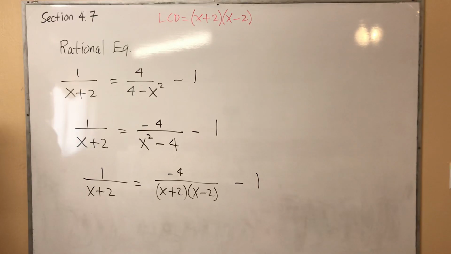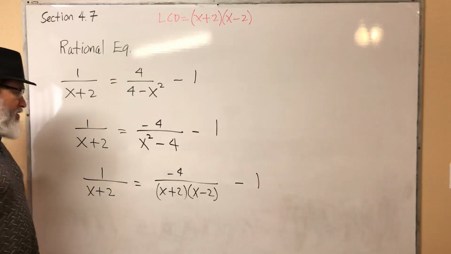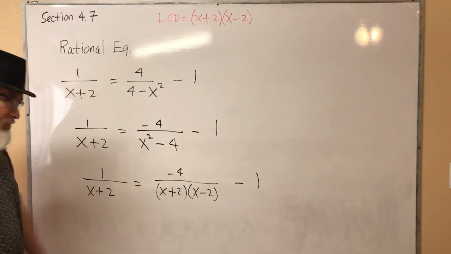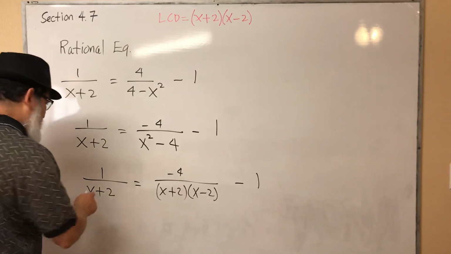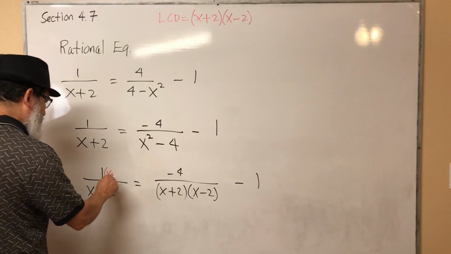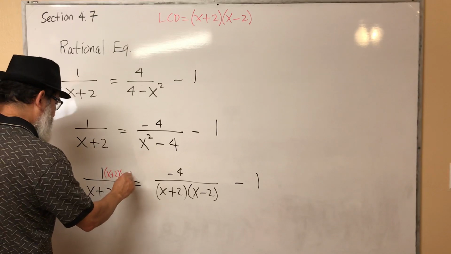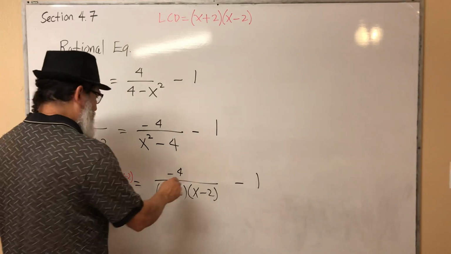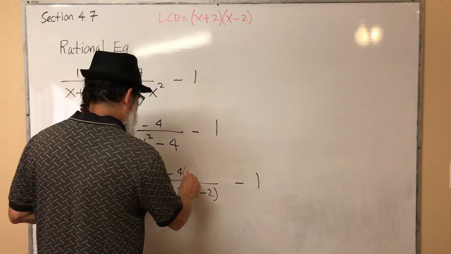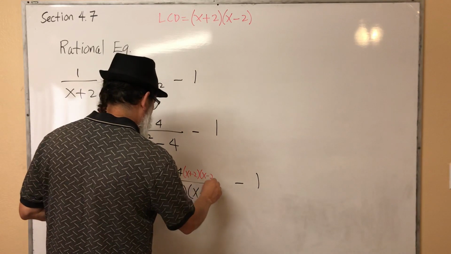And now, I'm going to multiply every numerator by the LCD. And that's going to fix my problem. So let me multiply this 1 times LCD, x plus 2, x minus 2. How about this one? X plus 2, x minus 2.